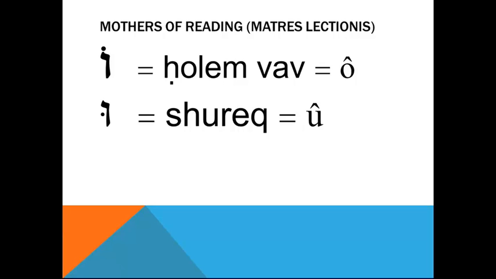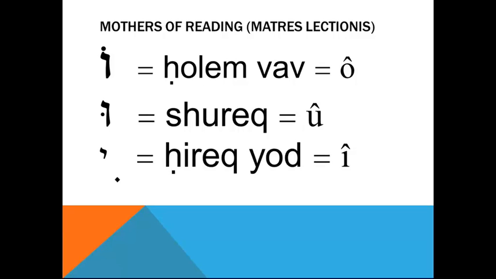If there's no other vowel written under the previous consonant, then you know that it's just being a Shureq. Because if it was a doubled vav, the consonant right in front of it would have a short vowel underneath it. Anyway, so Shureq, long U, oo.